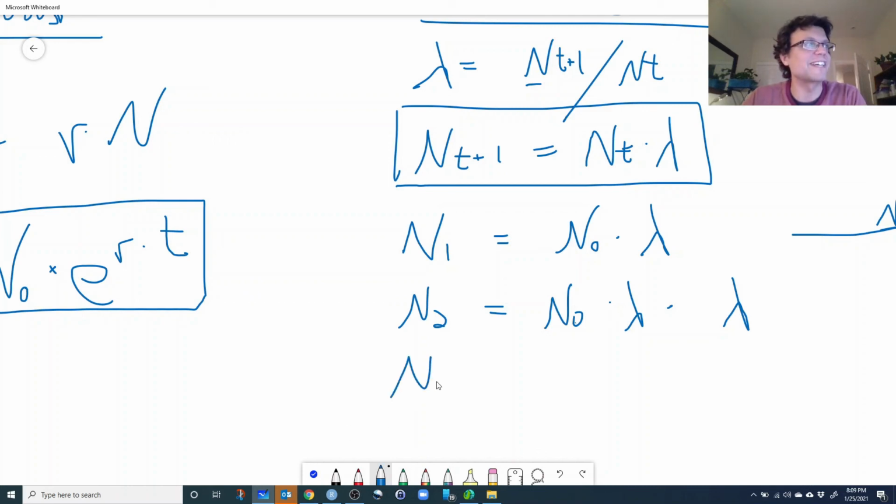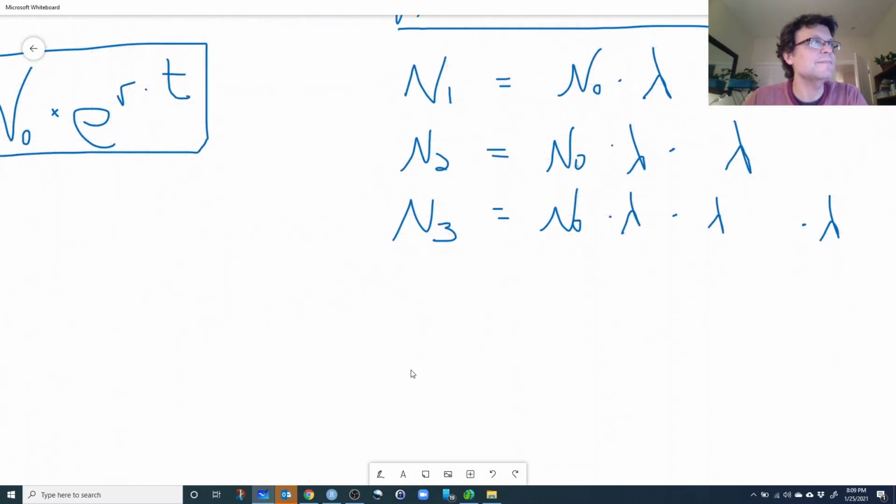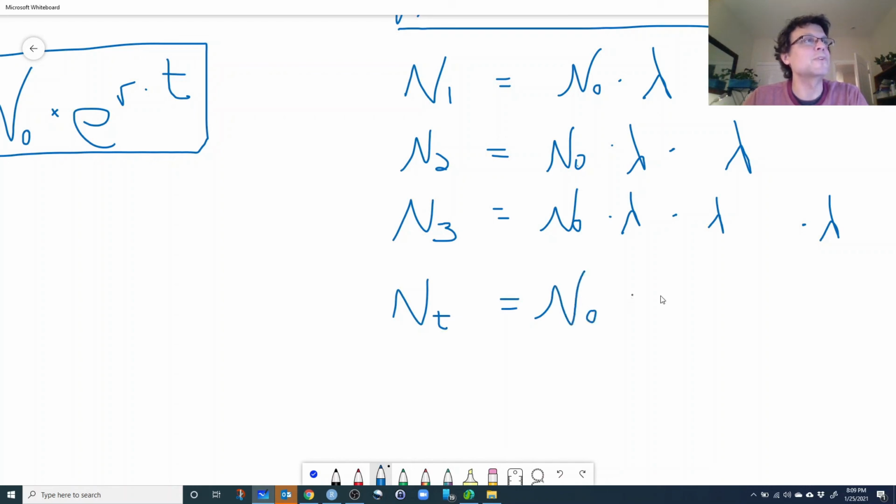What about the population size at time 3? Now we can take the population size at time 2 and multiply by lambda. So now we have n0 times lambda times lambda times lambda. You can see what's going on here. All we have to do in order to get the population size at time t is to take the population size at time 0, multiply it by lambda to the tth power.